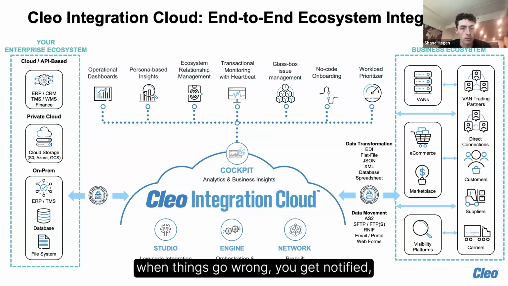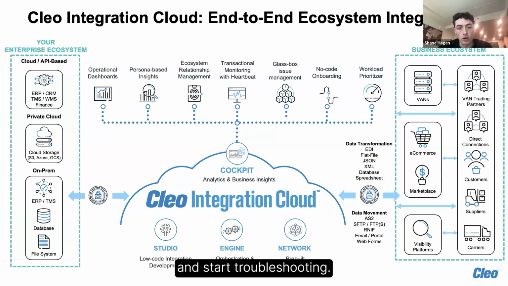So when things go wrong, you get notified, you can jump in there and start troubleshooting. This is also where you can onboard new partners or update existing partners if they've made map change requests, or if they have a new connection type or a new certificate that you need to apply to their connection. All of that you can do in the cockpit to maintain that operational state.